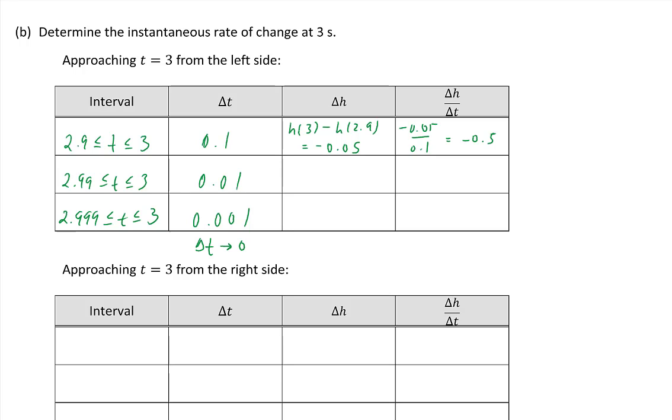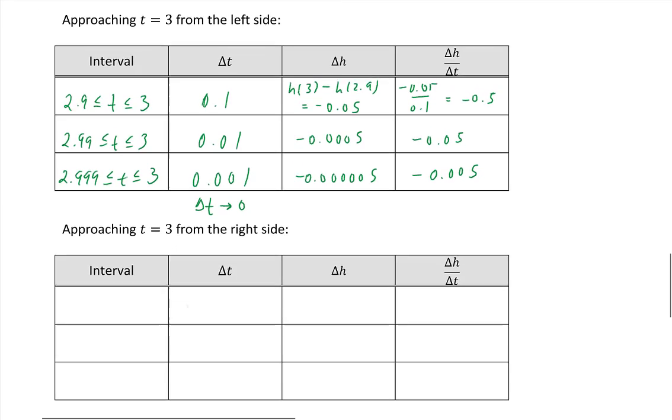For the next delta h, I ended up with negative 0.0005. And when I divided the delta h over the delta t, I ended up with negative 0.05. Next one, I got negative 0.00005. And my delta h over delta t was negative 0.005.